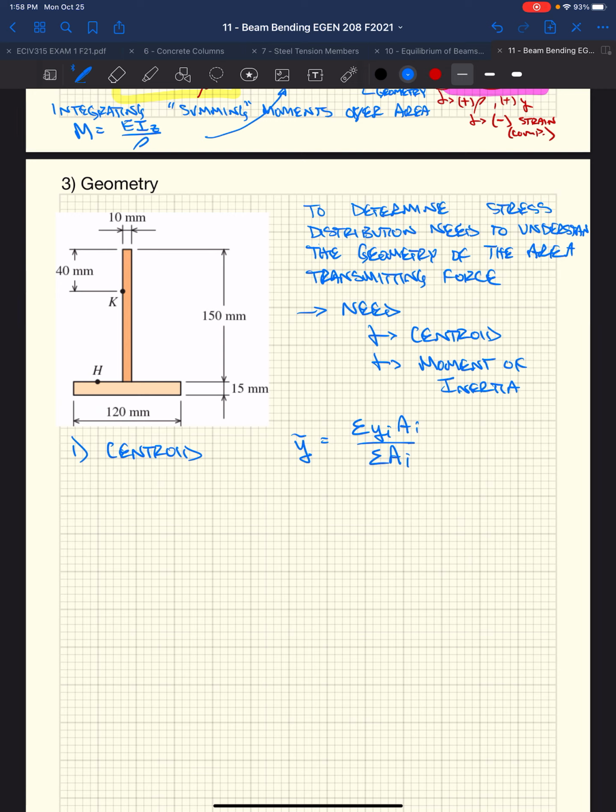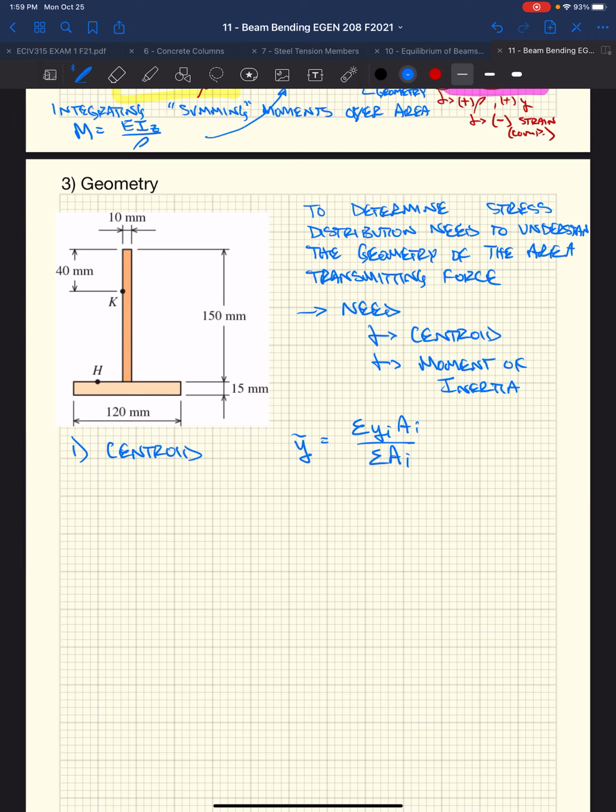You sum up the first moment of your area: the distance to the centroid of whatever area you're looking at times its area. We do that for every piece of our shape from our reference axis, and we divide by the total area of our cross-section.